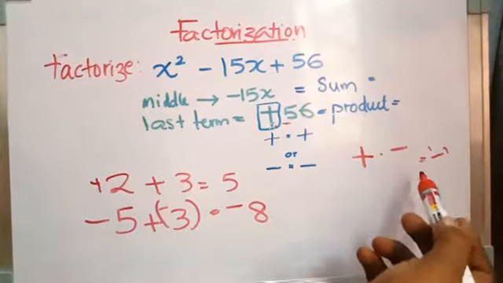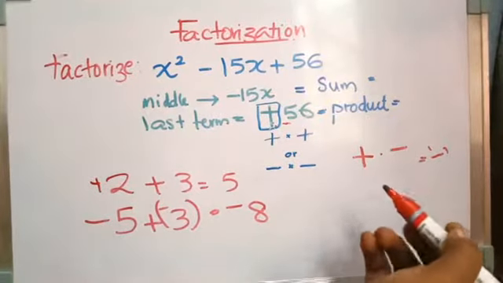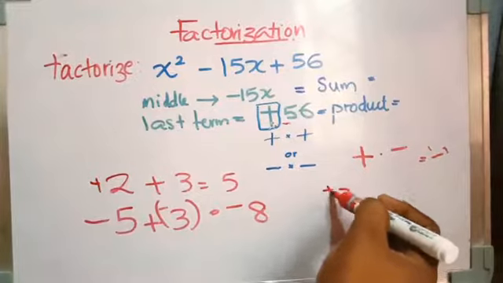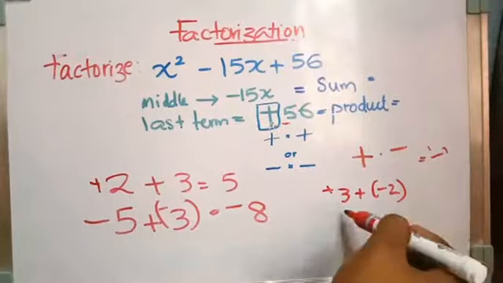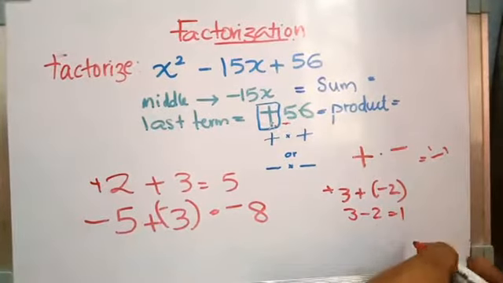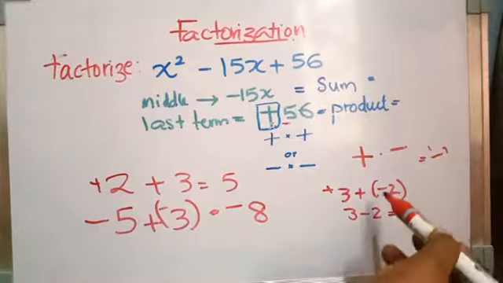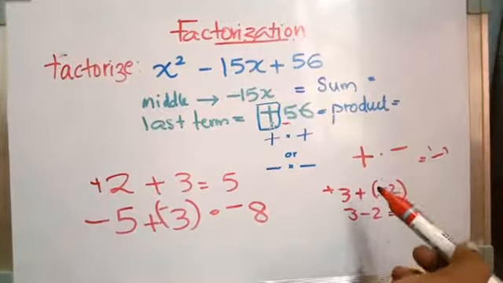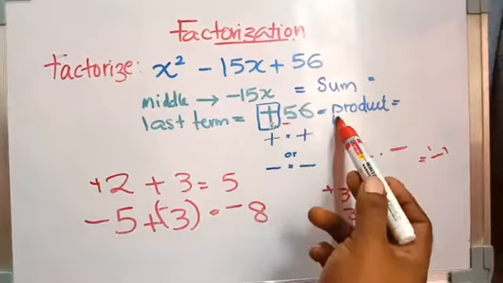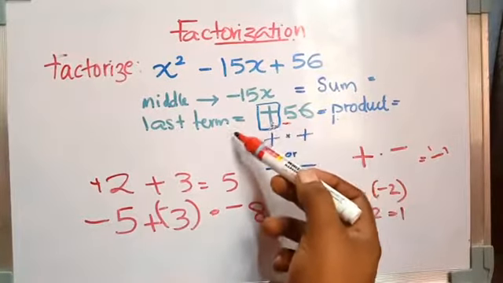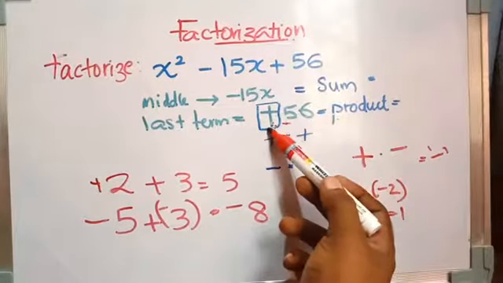Here both the signs are different. In such cases, instead of addition, we have to do subtraction. Like if it is plus 3 plus minus 2, what do we do? It is 3 minus 2, that is equal to 1. So instead of addition, we have to perform subtraction. Anyway, in coming problems we will discuss all those things. I discussed all these things to say the importance of the sign of the product. So when we go for factorization, we have to check the sign of the last term. Based on that, we have to decide.